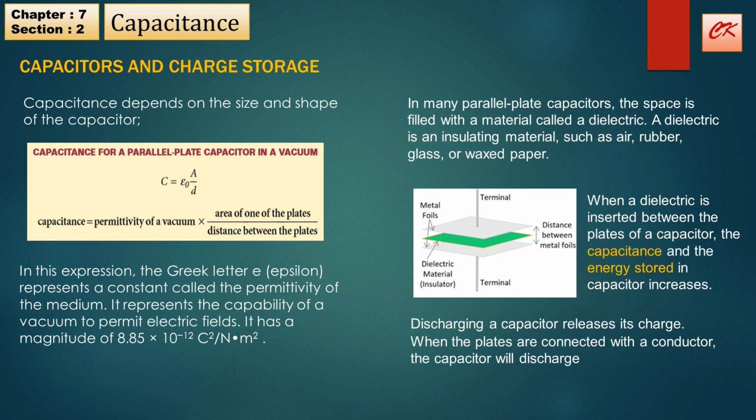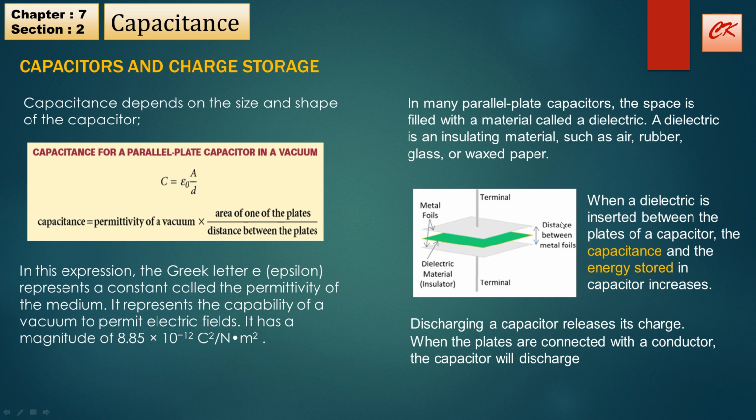When we connect two terminals of the capacitor, it will discharge and release its charge. It will lose its charge. When the plates are connected with a conductor, the capacitor will discharge.